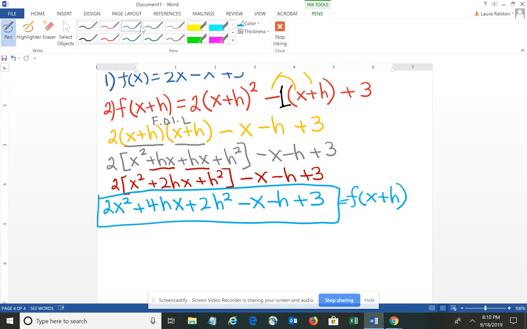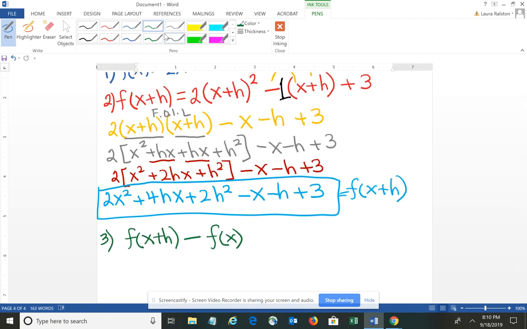Then step 3 is I take f of x plus h and I subtract f of x. Okay?